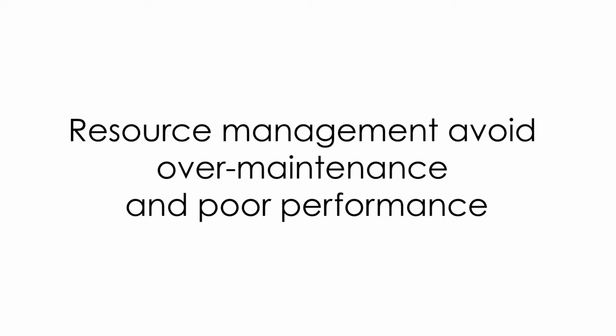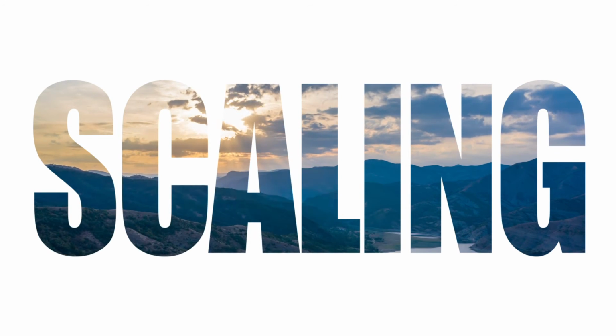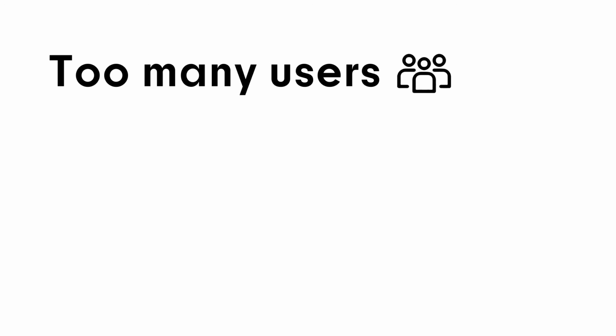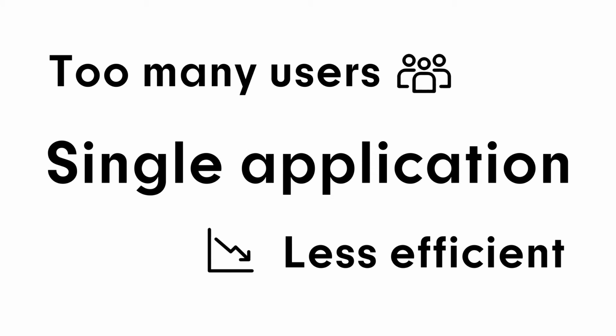Optimizing resources is important, as having too many empty servers lead to over-maintenance, and on the other hand, overloaded servers lead to poor performance. A single application uses a fixed amount of resources. When too many users access the same application at any given time, it becomes less efficient.